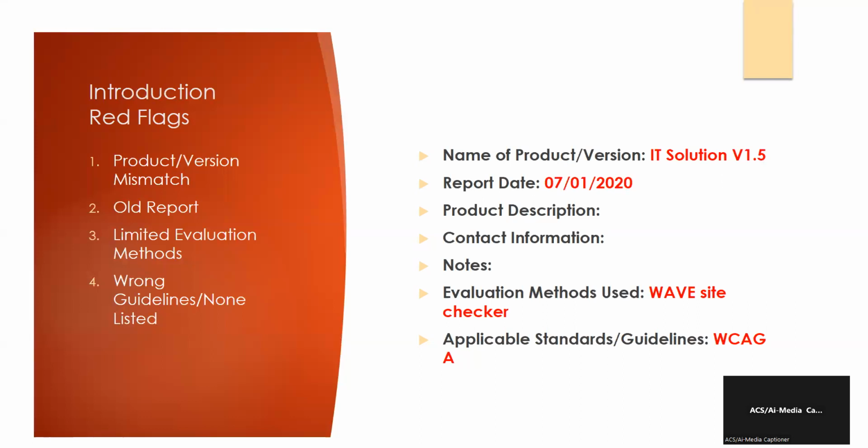Limited evaluation method is always another big thing. In this case, our example only says they used the WAVE site checker. WAVE is an automated page-by-page accessibility checker. And while those are very useful, they only cover about 30 to 40% of errors. There's a lot of subjective judgment used in determining if something is accessible or not.